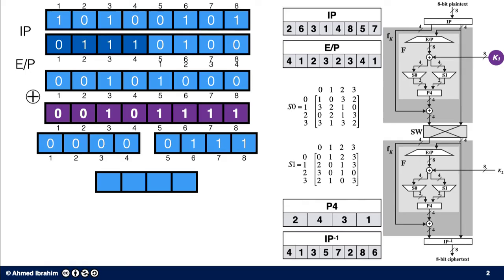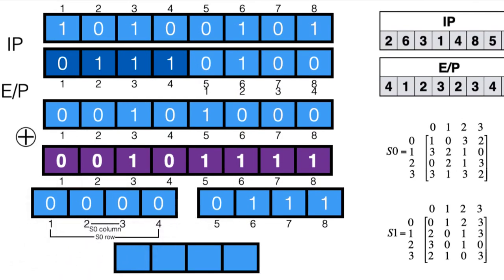So let's take a look at how this SBox works. First, we look at the bits in this part, and we take these 2 bits, number 1 and number 4, and we change them from binary to decimal. And this identifies which row in S0 we should be looking at.